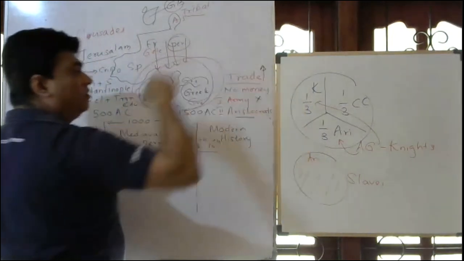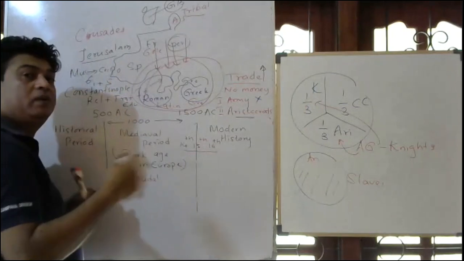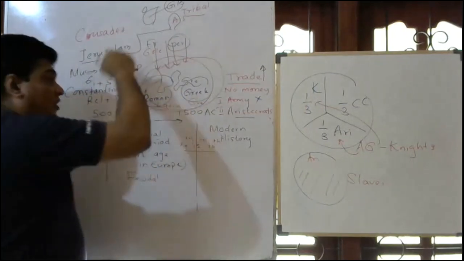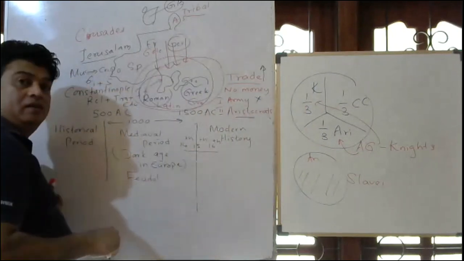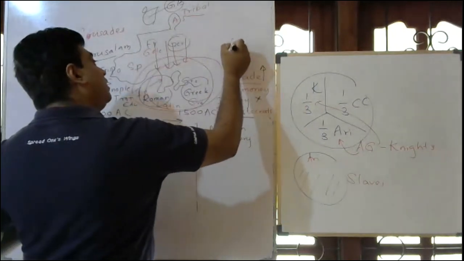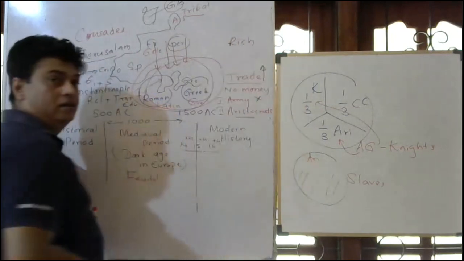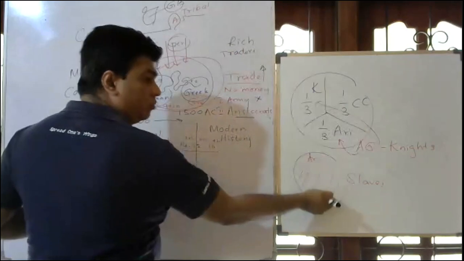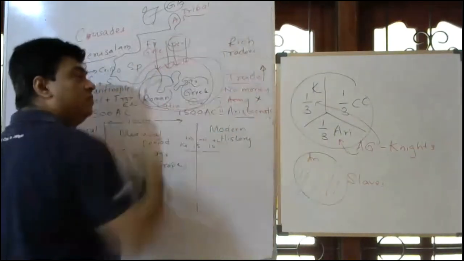When trade became developed, once again the use of money became developed. Now the kings were having an income, so the kings could have a state army. There emerged a rich group of people, rich traders. Sometimes they were former slaves who became rich and formed rich families.